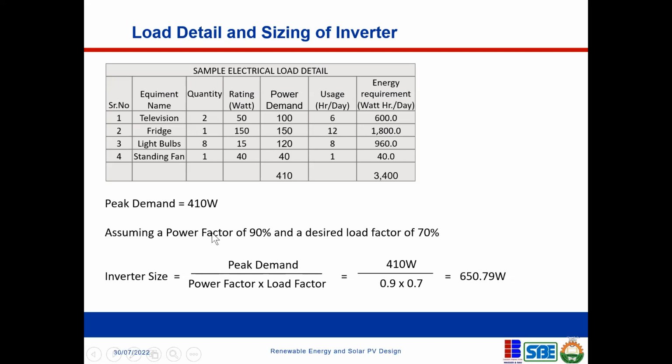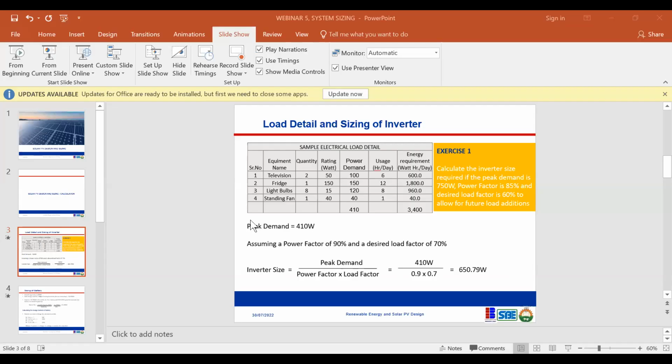So assuming that the power factor is 0.9, I think I need to correct this. If I correct this, I will need to reduce some of this calculation because the power is given in watts. So I don't need the power factor anymore. I used to have this in VA, that's why I have this power factor, but I changed this to watts because most of the inverters that I'm seeing in the market now are reflected in wattage.